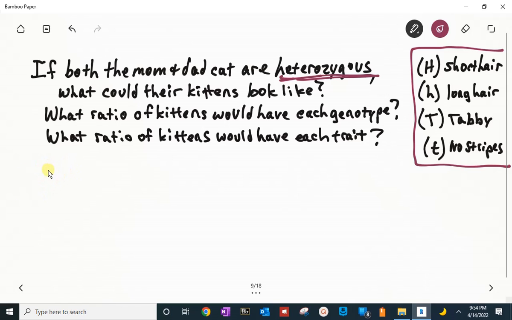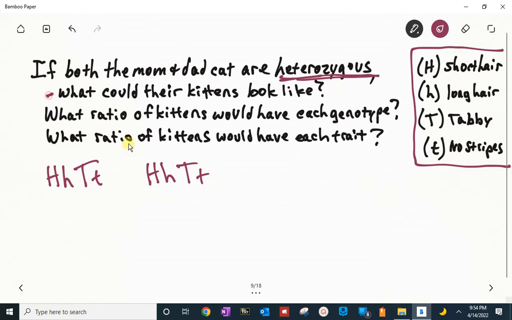So the mom is going to have one short hair allele and one recessive long hair allele, and she's going to have one dominant tabby and one recessive allele for the coat pattern. And then the dad, if he's heterozygous, same thing. He's going to have one of each.